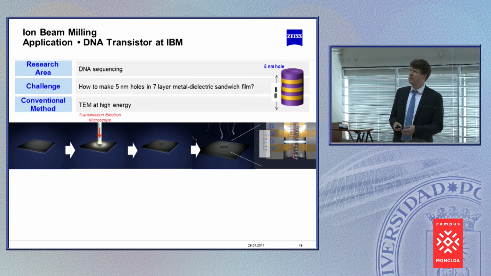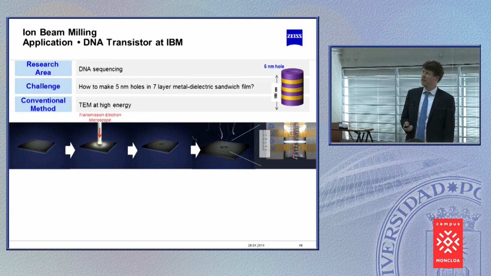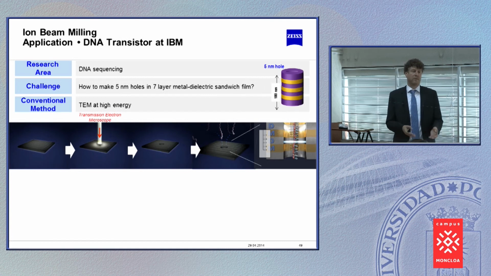This is a customer, I think this was IBM, and they want to produce this transistor for DNA sequencing. This is a sandwich, a multi-layer, and they want to produce 5 nanometer holes inside. Usually they use a TEM, and this costs a lot of time.